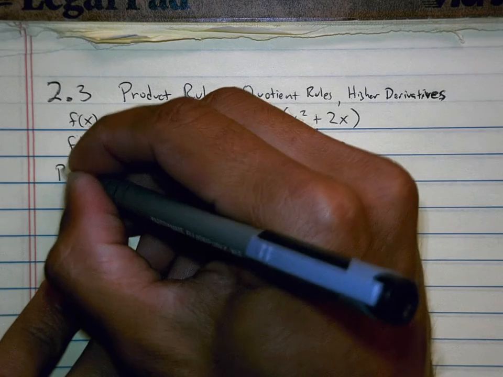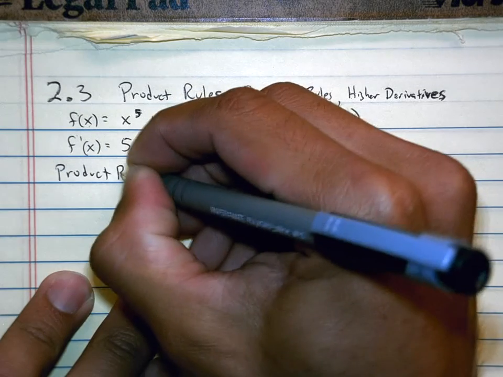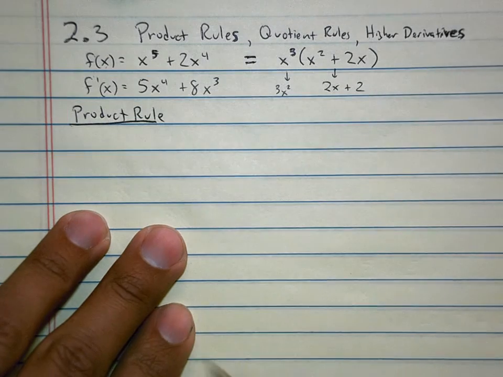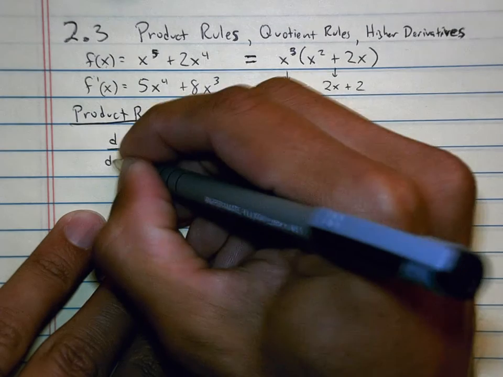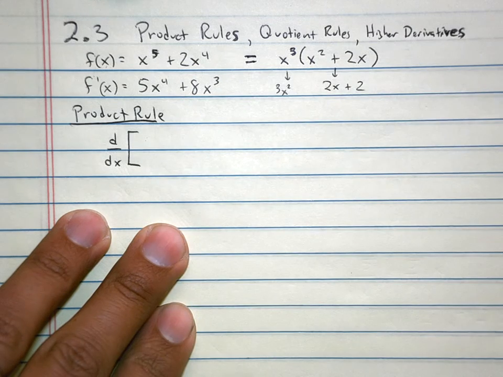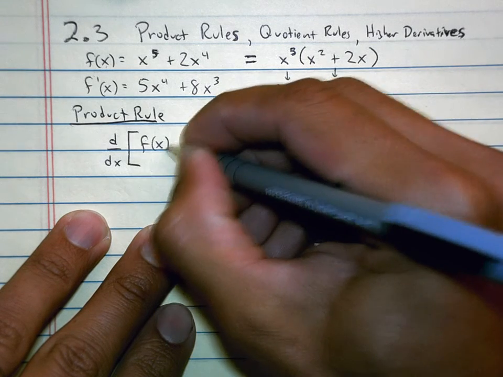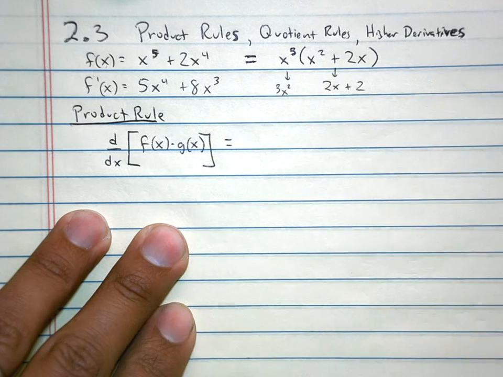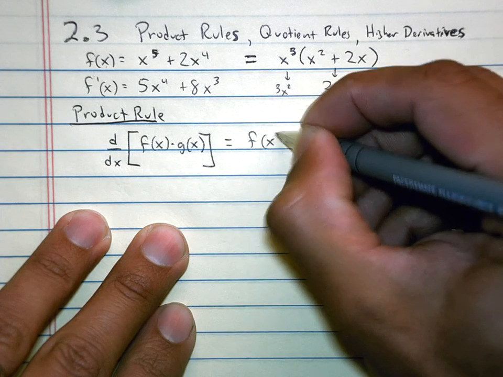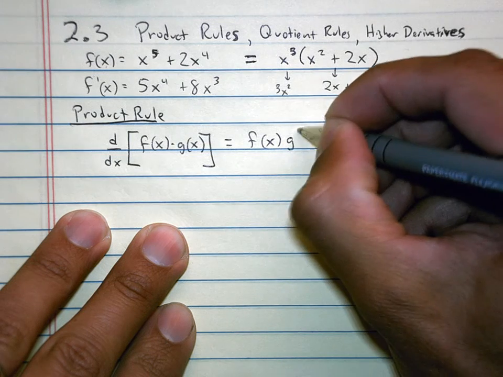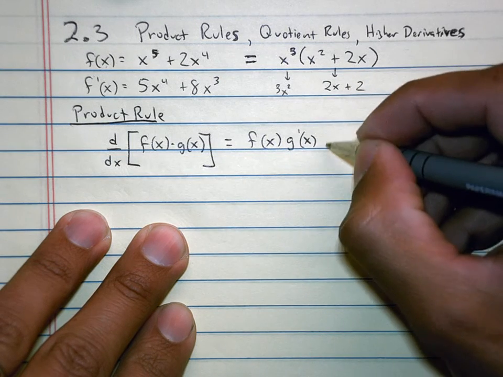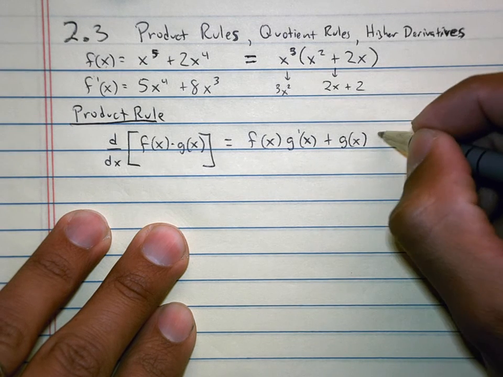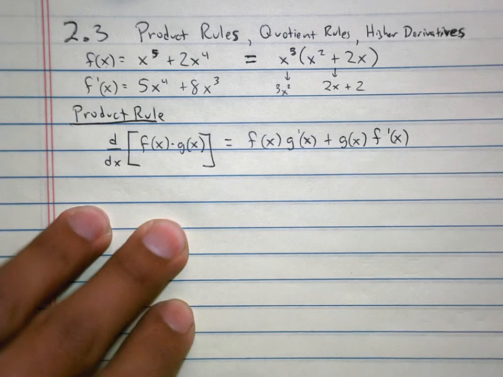The product rule says this: the derivative with respect to x, that's what d over dx stands for, of f of x times g of x is going to be equal to f of x times g prime of x plus g of x times f prime of x.